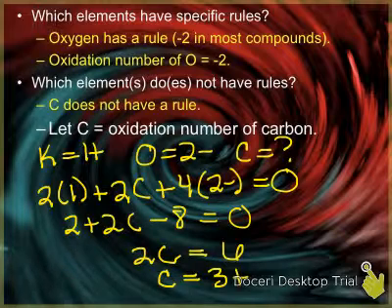Yes? Okay, I'm confused with the whole polyatomic ion thing, because we have a polyatomic ion, so there's a rule about polyatomic ions. But this is a compound. This isn't a polyatomic ion. If I wanted to figure out the charge of carbon in oxalate, I would set it equal to -2. But it's not just all by itself. It's part of a compound.